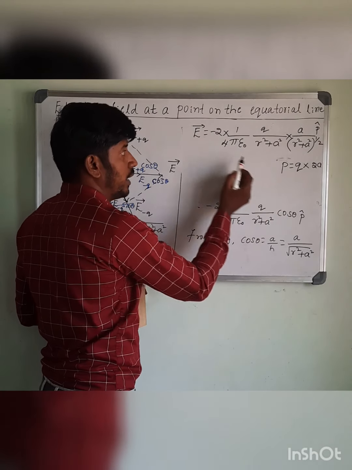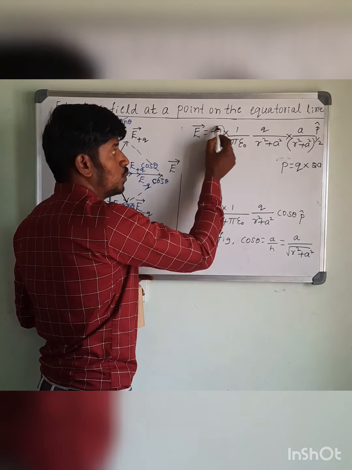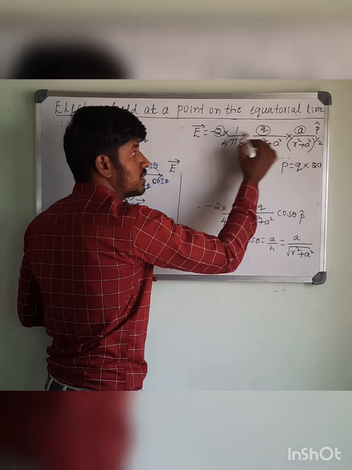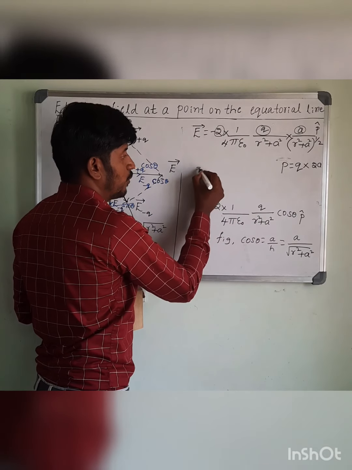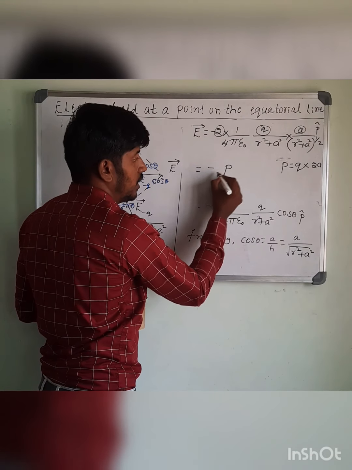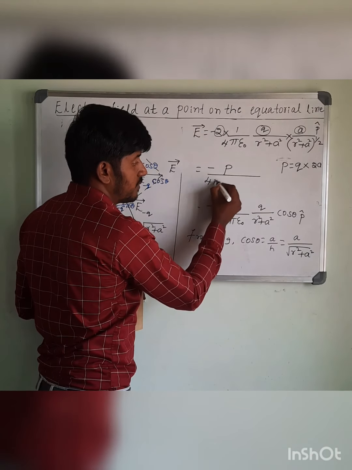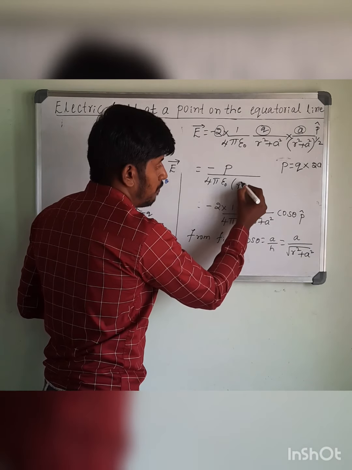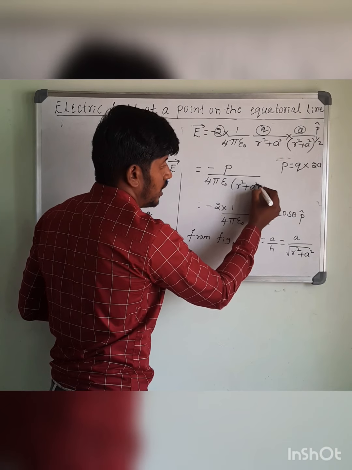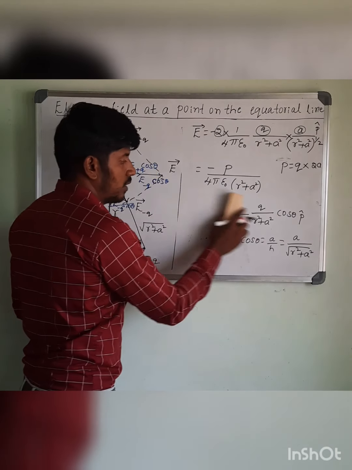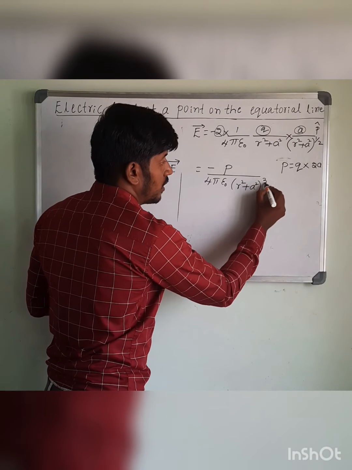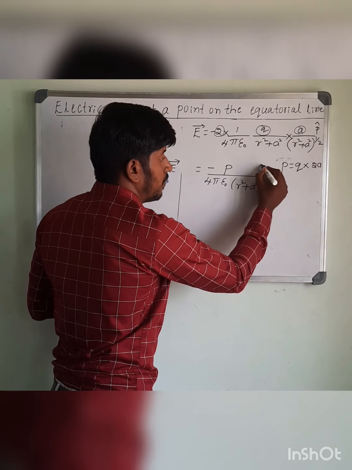So Q into 2a, observe here, 2a into Q, this is nothing but p. Therefore, that equals minus p divided by 4 pi epsilon naught, r square plus a square whole power 3 by 2, into p cap.